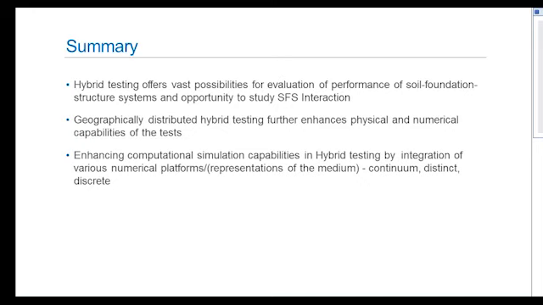And then potentially on the numerical side, we could include other ways of modeling the medium and enhancing physics that is modeled numerically. That is all. Thank you.